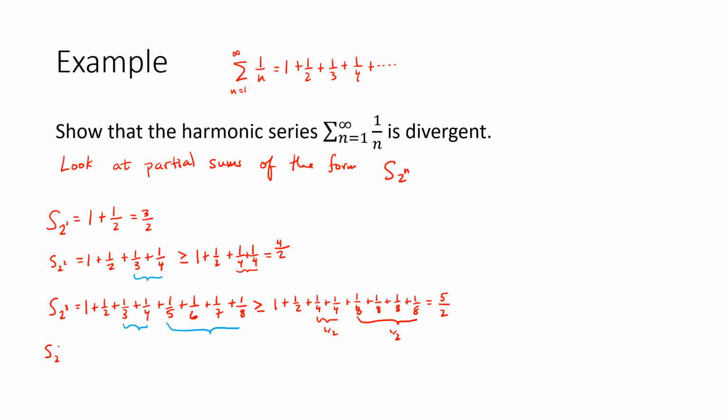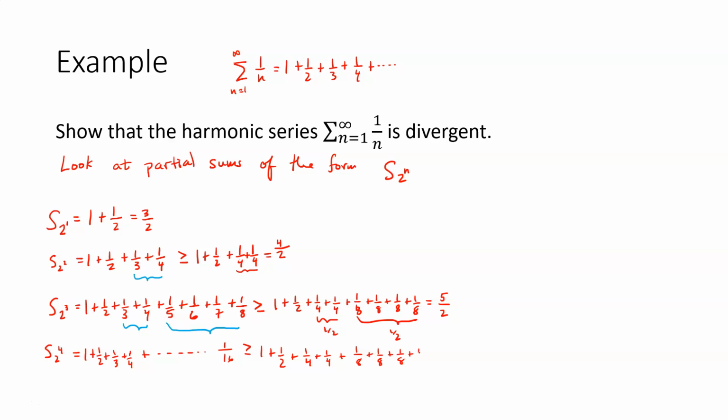If I do 2 to the 4th, we can do something similar, right? This is 1 plus a half plus a third plus a fourth. This is 16, so this will go all the way out to 1 over 16. And I can say that this is greater than 1 plus a half plus a fourth plus a fourth, and then replacing all those with 1/8 like we did last time.